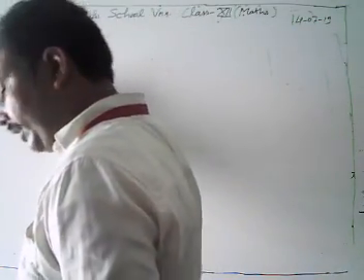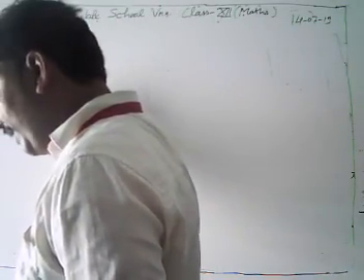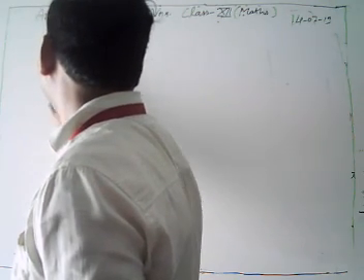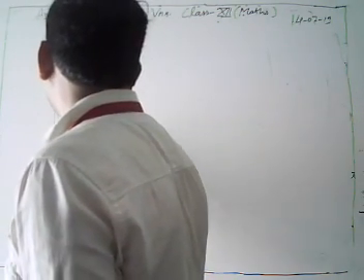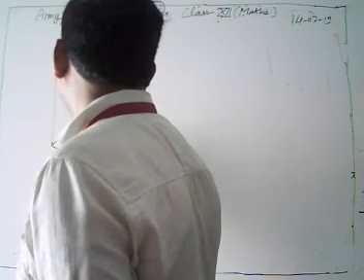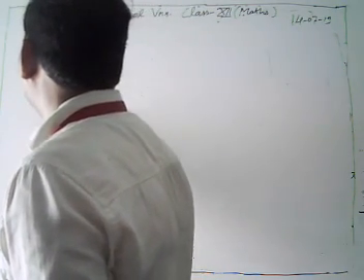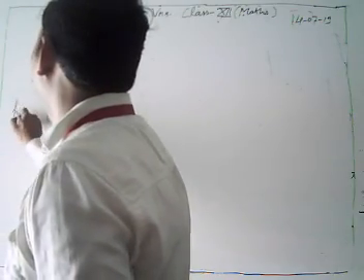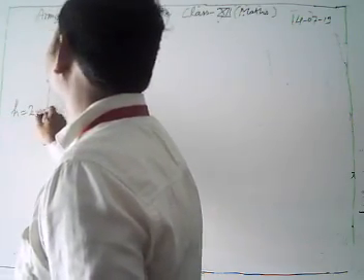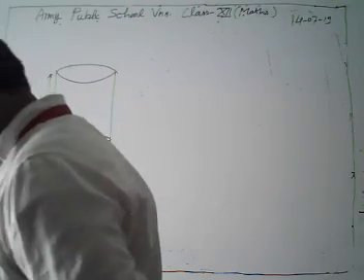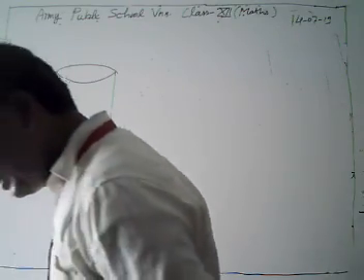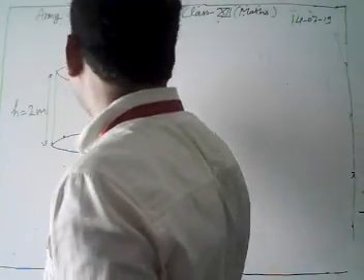It's given that there is a boiler in the form of a cylinder 2 meter long. The height of the cylinder is 2 meter. And there are hemispherical ends of 2 meter diameter.